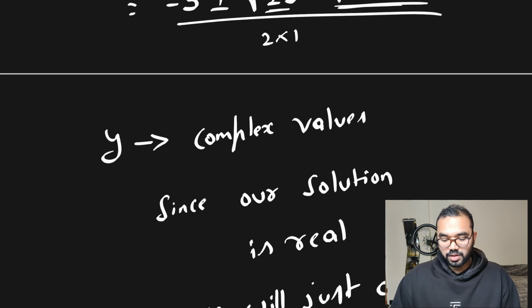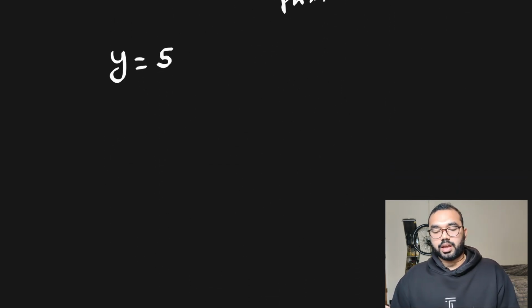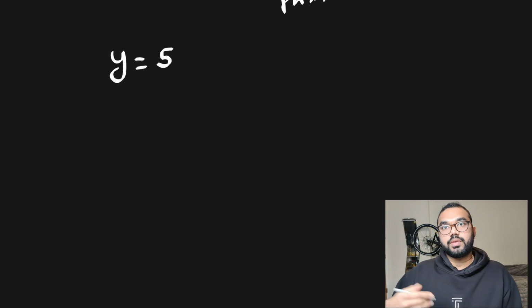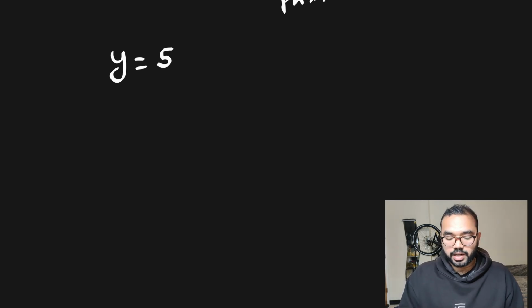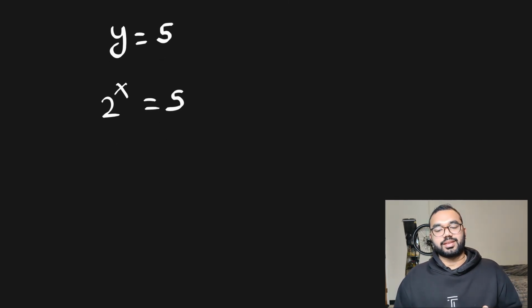Are we done? No, right? What is y? y is 2 to the power of x, because we are solving for x. We're not quite done yet. So y is 2 to the power of x. 2 to the power of x is 5. So now we can apply the logarithm.